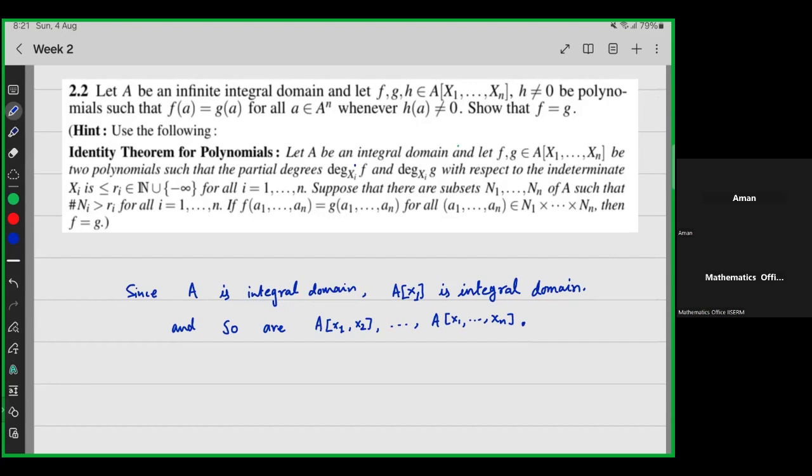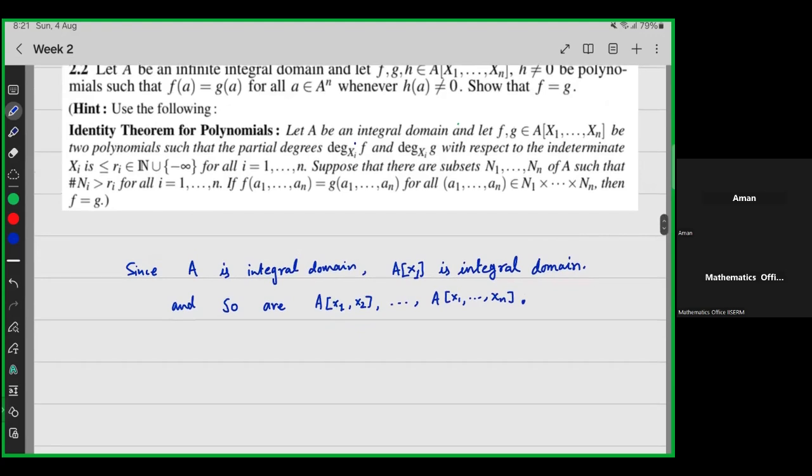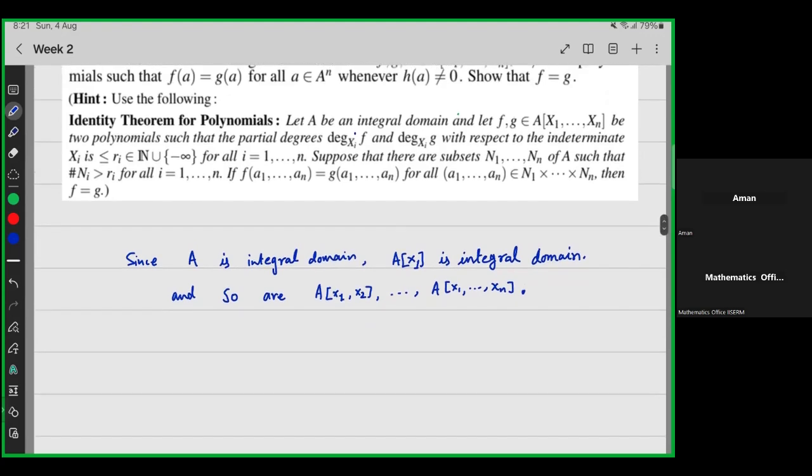Okay, so now we come to the proof, where it is given that, let me use some notation here.